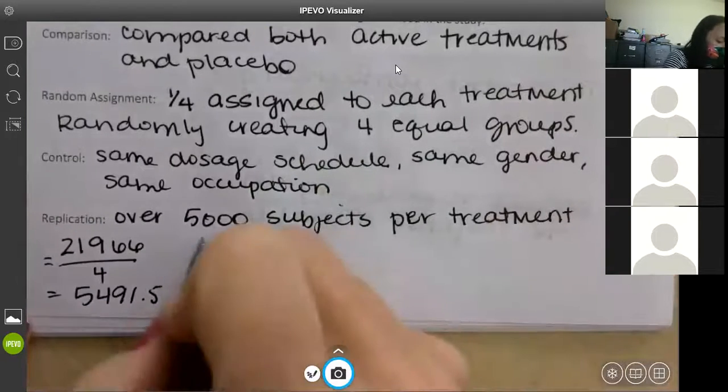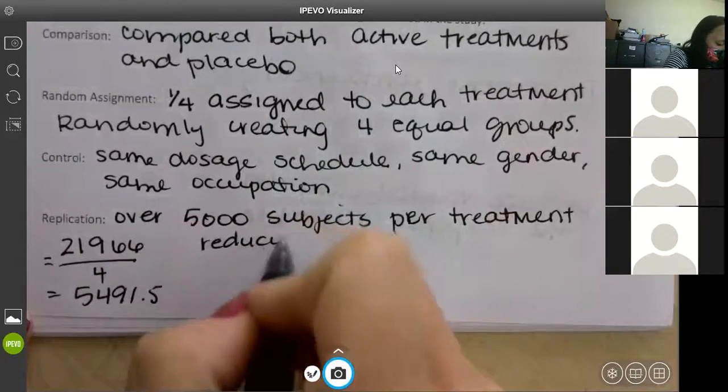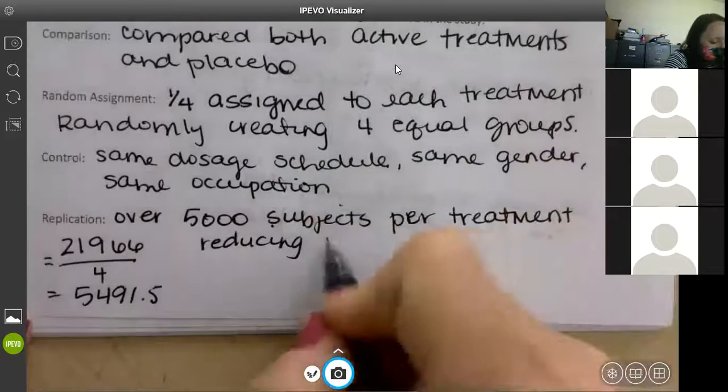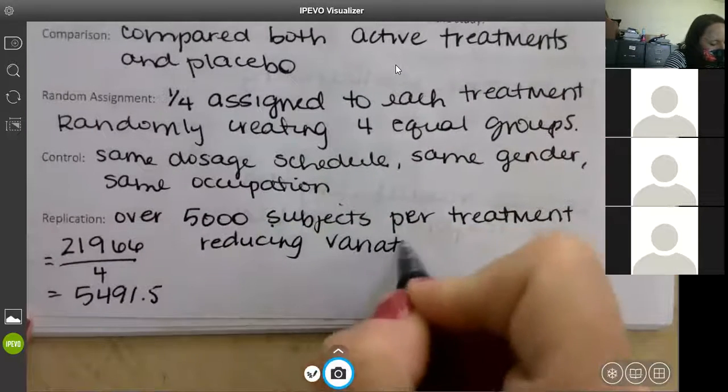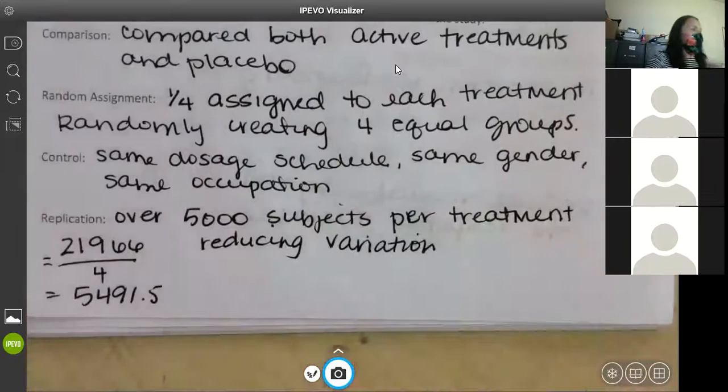And what does this do? It reduces variation. Any kind of replication is basically how many subjects per treatment. Is everybody good?